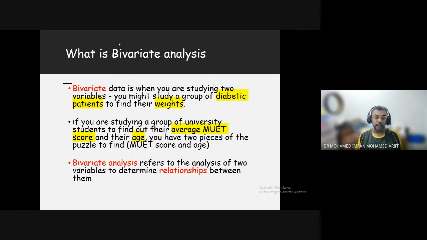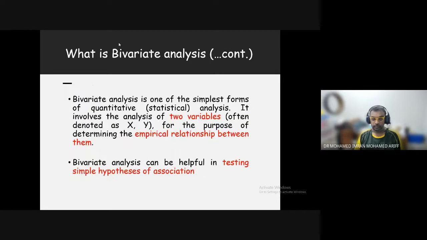Are we going to say that the higher diabetic you are, the higher your weight will be, or the higher your MUET scores will also give you higher age? So we want to find out. That is the relationship that we want to look for in bivariate analysis.